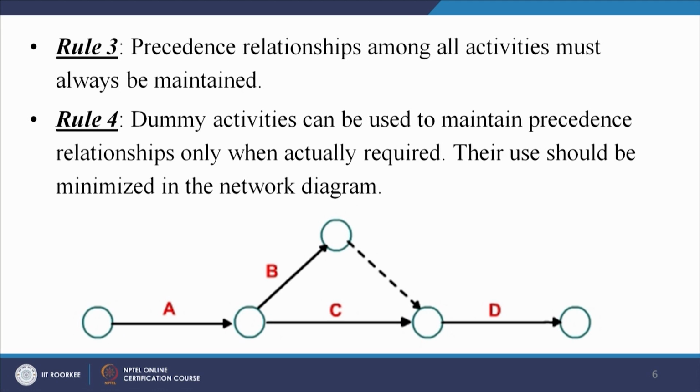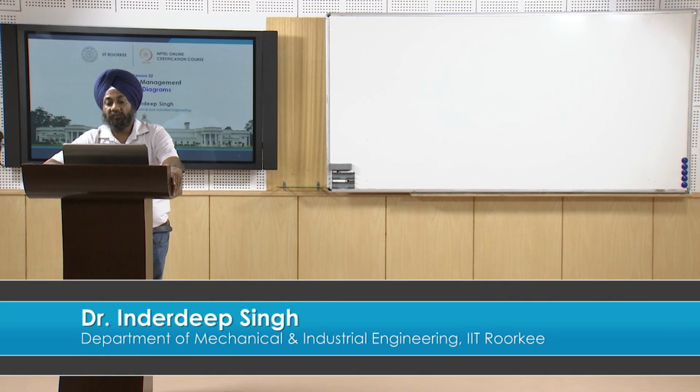Also, if we are using software for doing these calculations, it may take more time if we have been very liberal with the use of dummy activities. So the use of dummy activities must only be restricted to establishment of precedence relationship among the various activities only. We should not use dummy activities just at the throw of the hat.